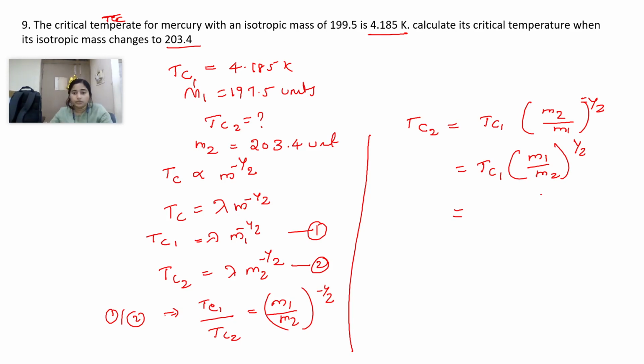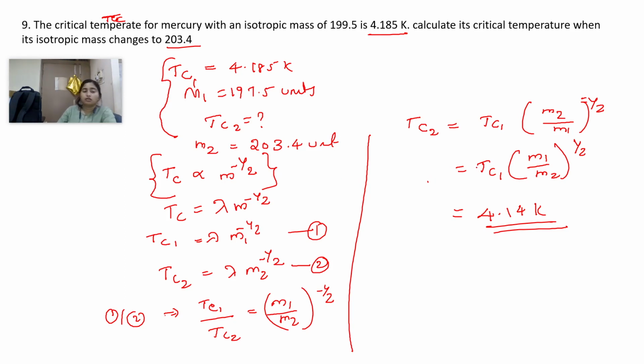For this problem, you will get the answer 4.14 Kelvin. So here what we have done, we have the relation Tc proportional to the mass to the power minus half. From this proportionality we solved the problem.